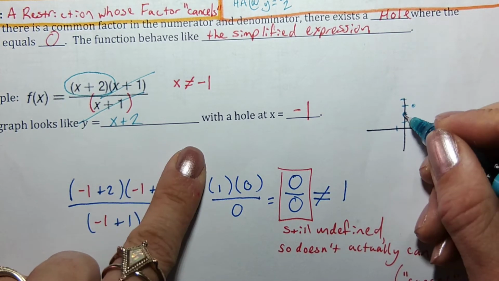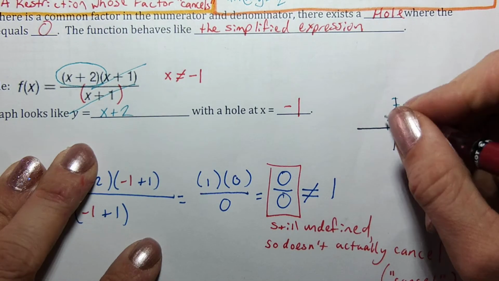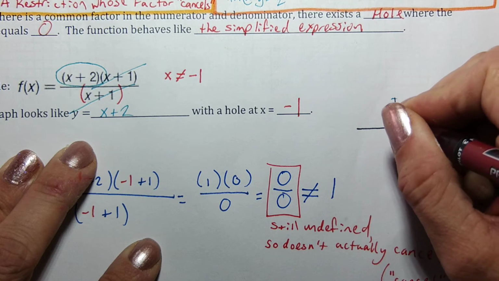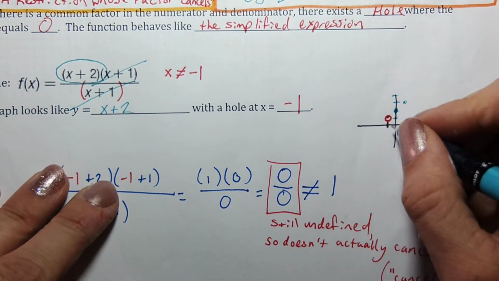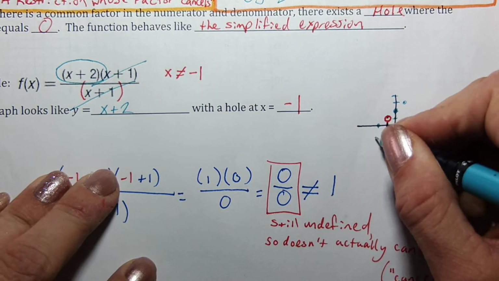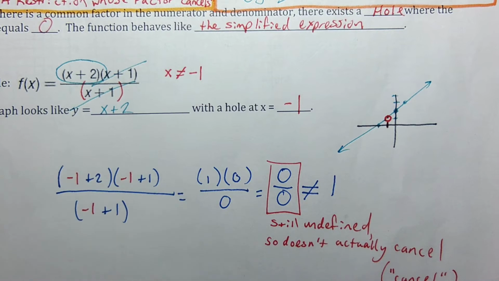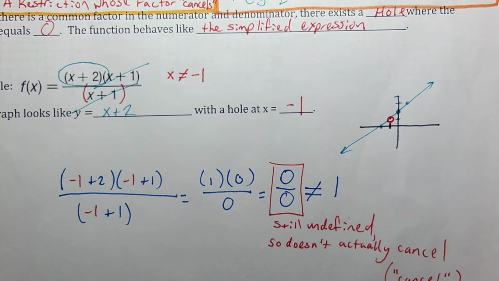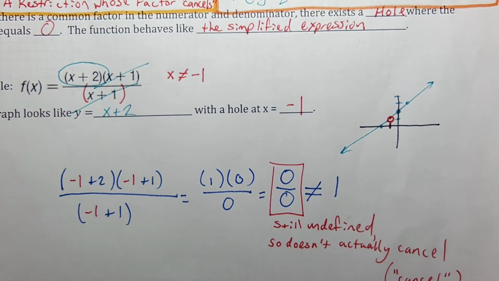Now, if I do down 1, back 1, that takes me to this restricted x value, where I have this open dot or hole. Down 1, back 1 were defined. So that is what my graph actually looks like. So the restriction, quote unquote, cancels, and we're left with whatever is left on the top. That's how our function is behaving.